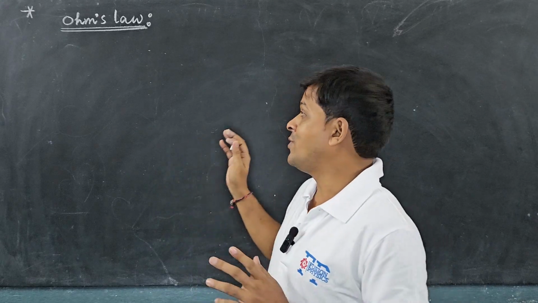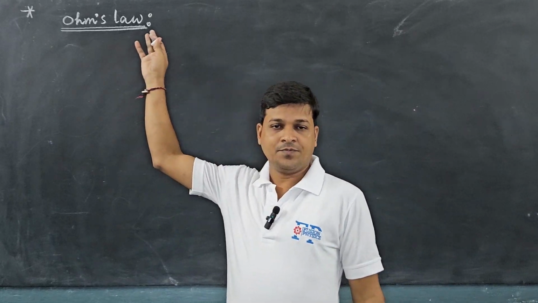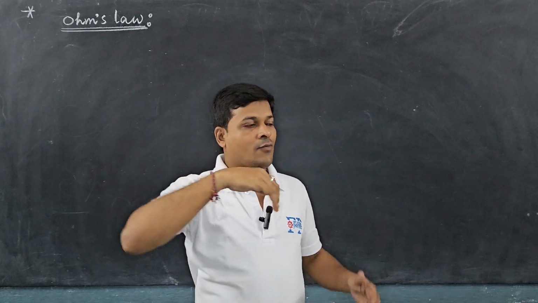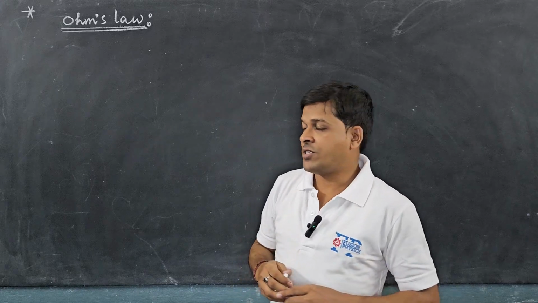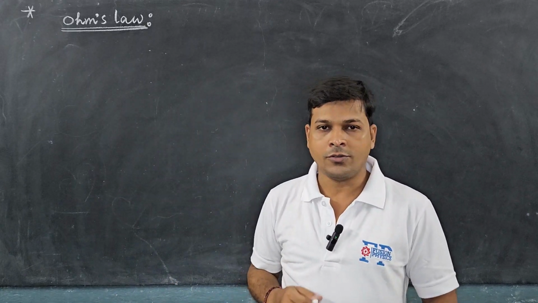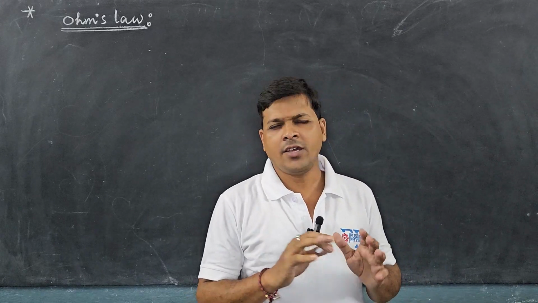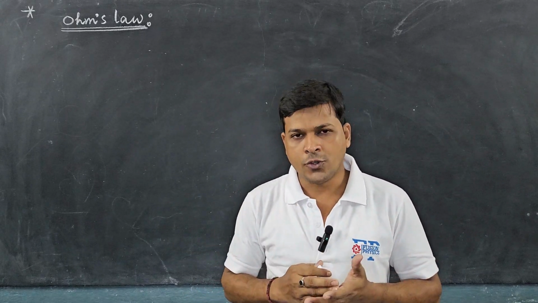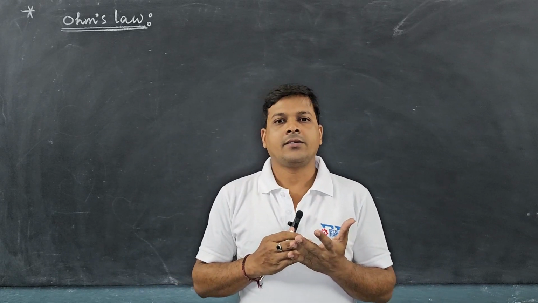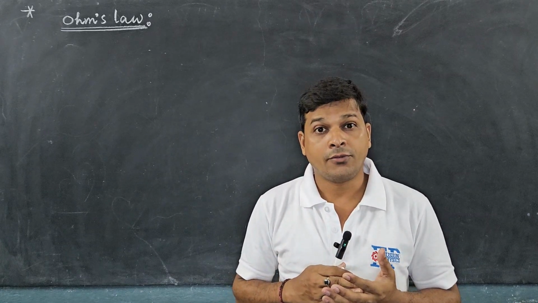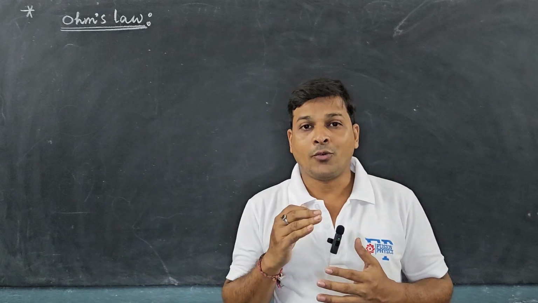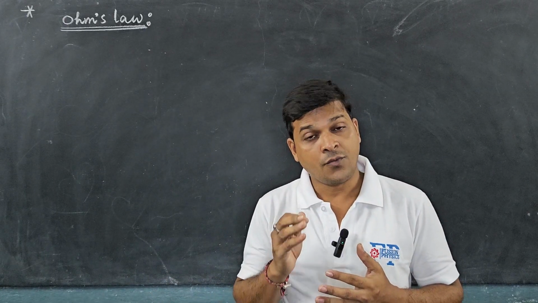Today we are going to learn one important part of physics. We already learned the first part, current electricity, and today we are going to learn Ohm's law. This is a very important question. Ohm's law, ohmic conductor, non-ohmic conductor, V versus I graph or Ohm's law graph, mathematical forms of Ohm's law, and how you can define resistance from Ohm's law.